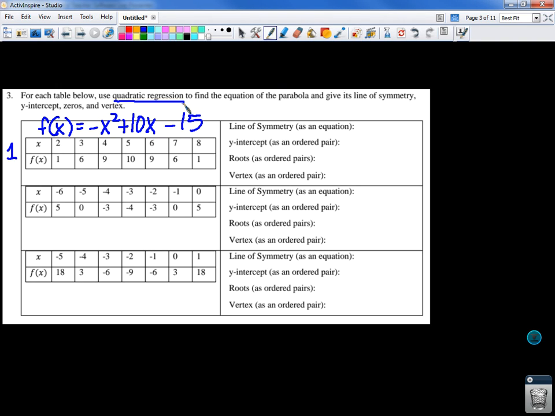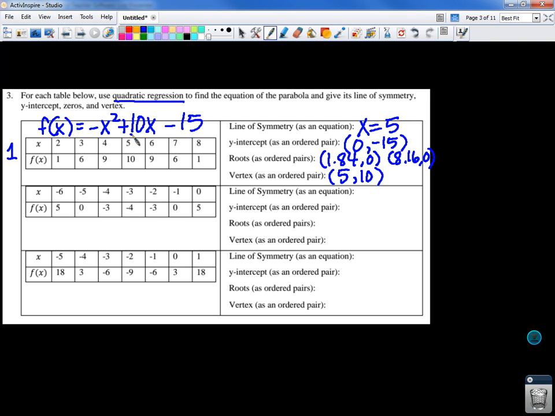The line of symmetry was x equals 5. The y-intercept was 0, negative 15. The roots were 1.84 and 8.16, and the vertex was located at 5, 10.